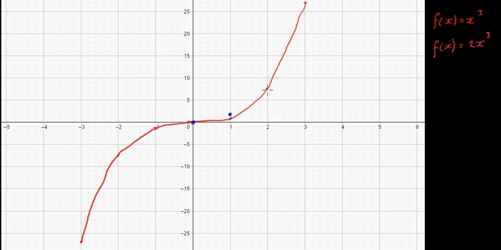So instead of 2 being here, we're going to be up here at 16. And 3 cubed, instead of being 27, is going to be 54. So I don't have that on scale, but it's going to be way up here somewhere. Now same on the other side here. We're going to end up with -1 is going to be down here at -2, and -2, when we put that into our function, we're going to get -16, which is here.